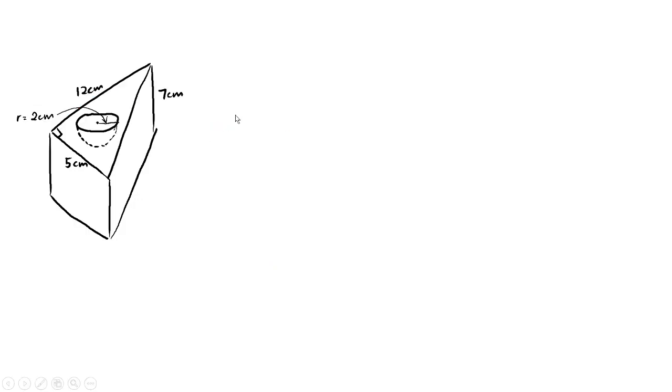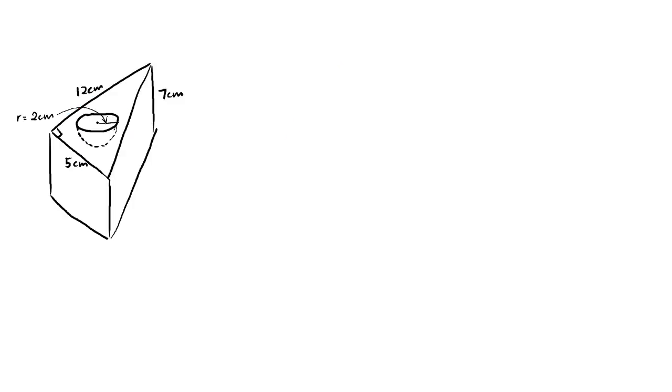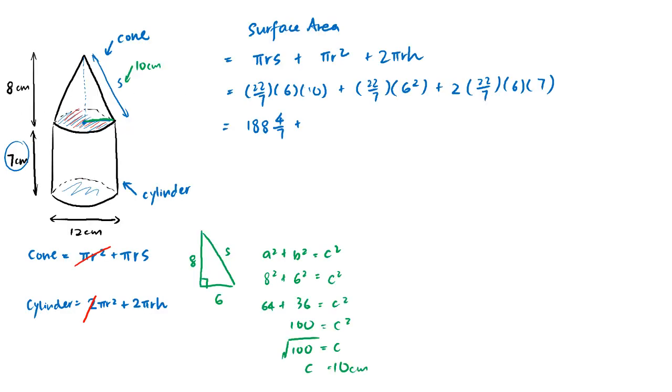Okay, so let's use my calculator. 22 over 7 times 6 times 10 would be 188 and 4 over 7. Plus 22 over 7 times 6 square, which is 113 and 1 over 7.